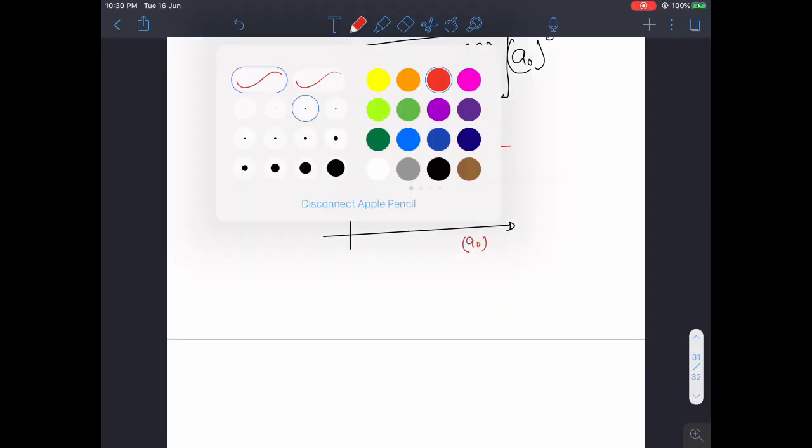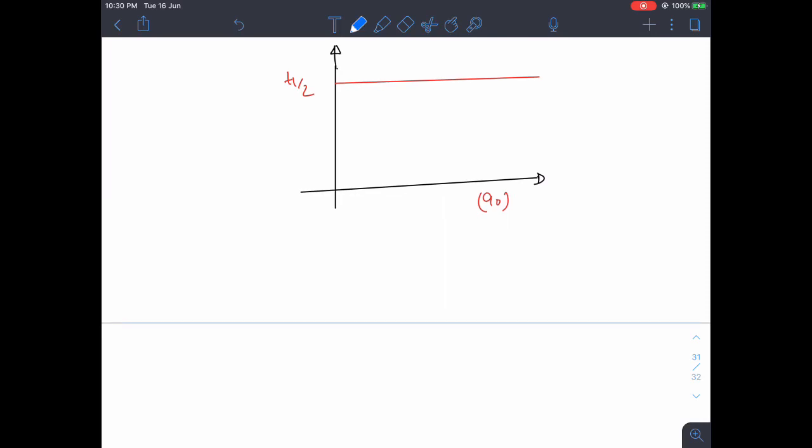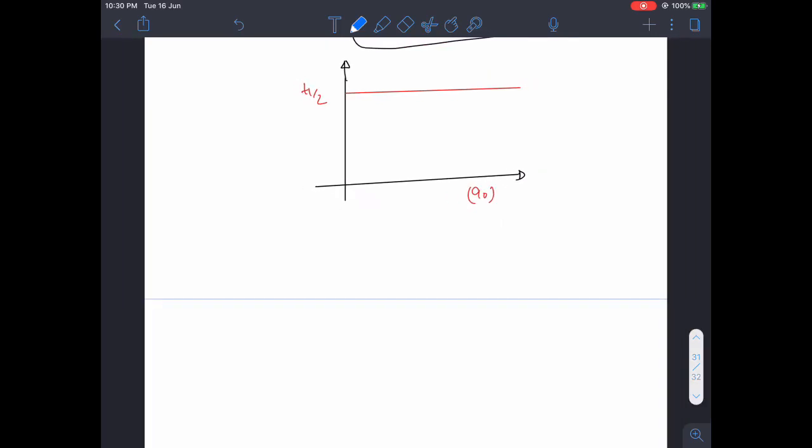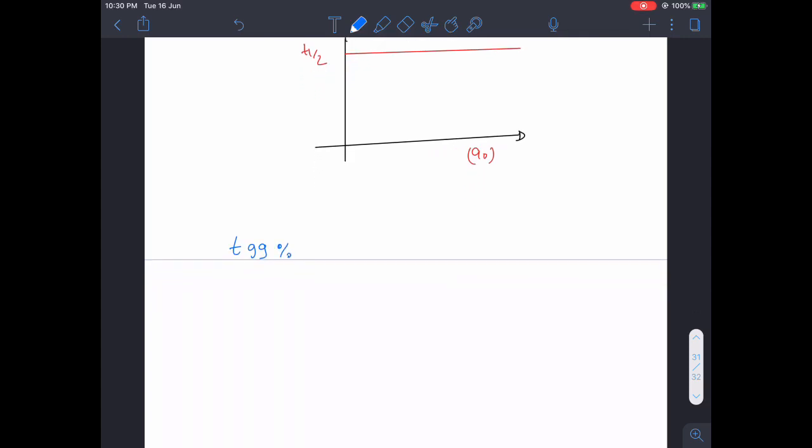Now coming to the third part of this, t 99%, how to calculate that? So t 99% means what?